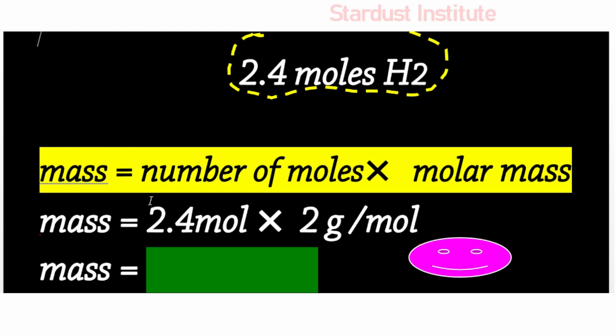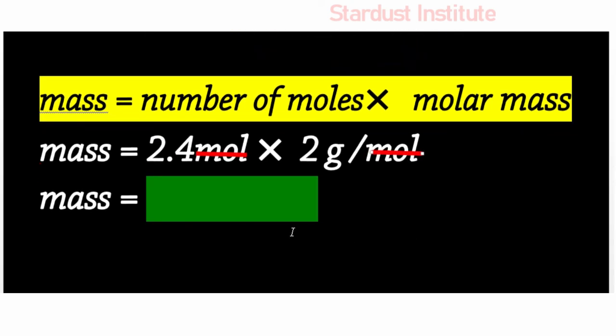Mass equals number of moles, 2.4 moles of H2, times molar mass. We know molar mass of hydrogen is 2 grams per mole. Here we can cancel out mole.